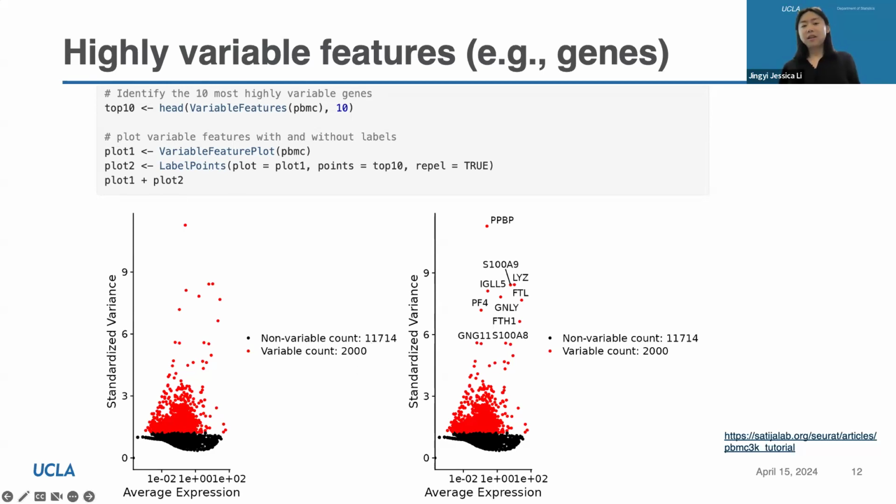Because you can see the numbers are totally different, 2,000 versus 11,000, but from this plot, you may not see the numbers to be very different. And the right one just allows you to add the labels of the top 10 genes. So you see the labels here. Just for your information.